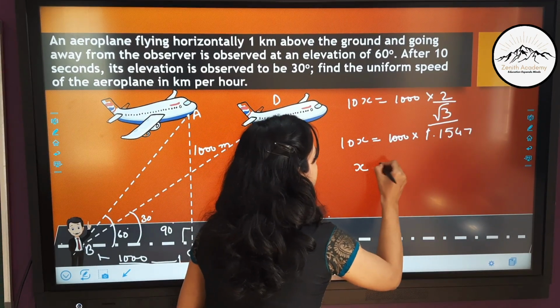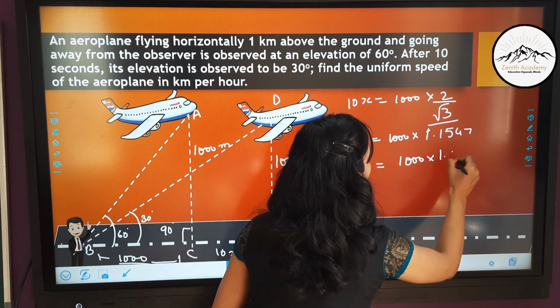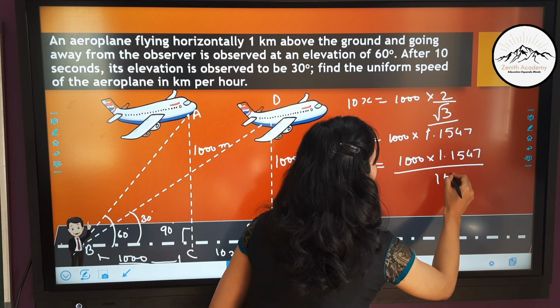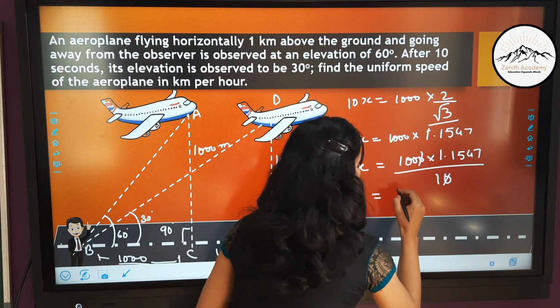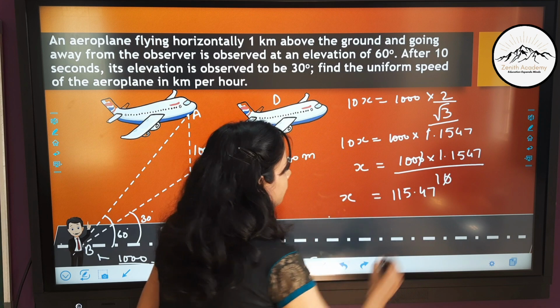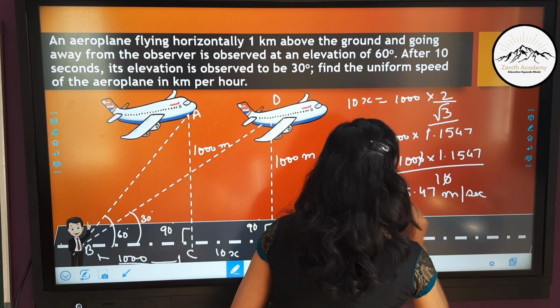So our x will be equal to 1000 into 1.1547 divided by 10. So our x will be equal to 115.47 meter per second.